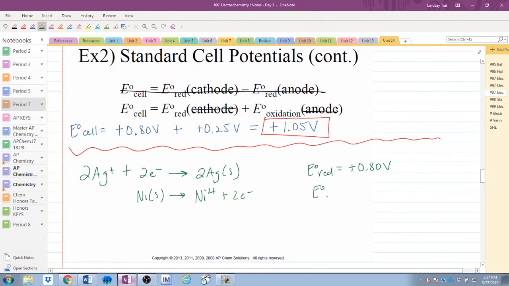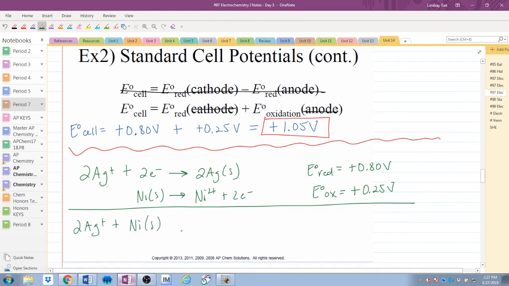And so that means I would have had my oxidation potential of positive 0.25, which means then that my overall balanced equation would have had 2 silver ions plus solid nickel yields a nickel ion plus 2 solid silver atoms.